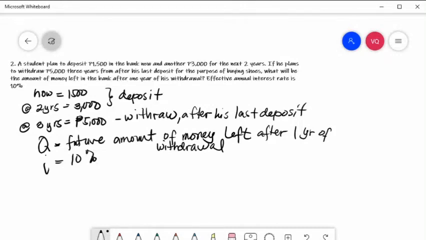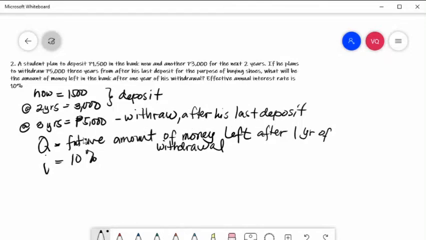So here, the student deposited 1,500, so now, and after 2 years, he deposited again 3,000. At 3 years, he withdrew 5,000 pesos after his last deposit.